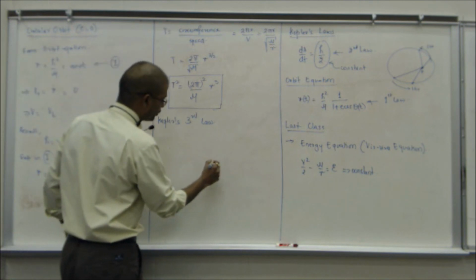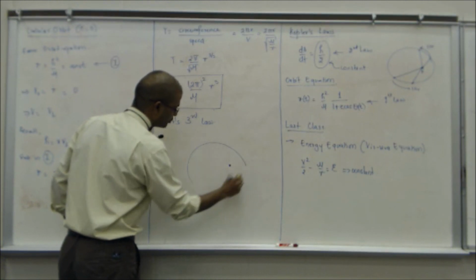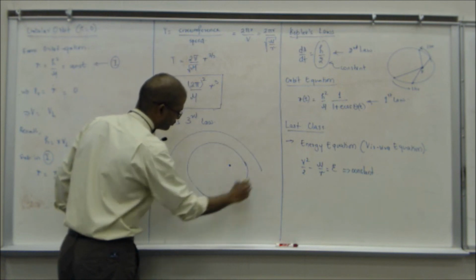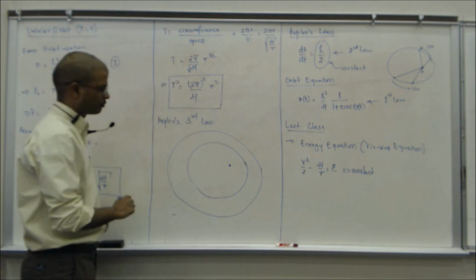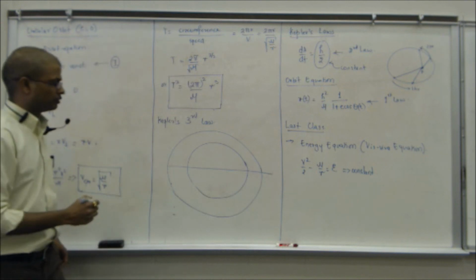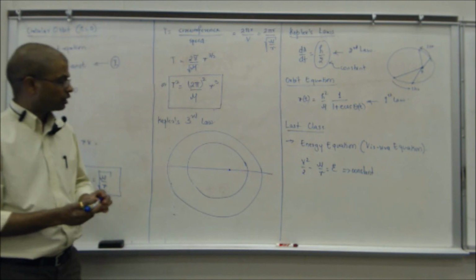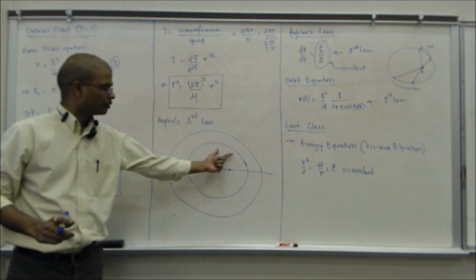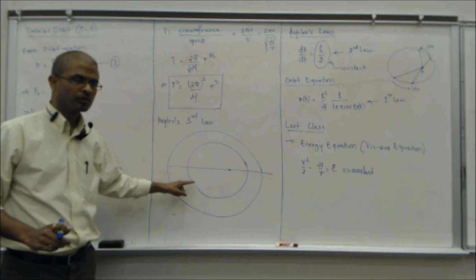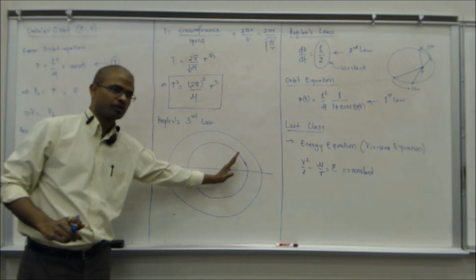So what it means is, if you have a central body, okay, so let's say this is an elliptical orbit, the square of the time taken for this orbiting body would be equal to the cube of the average distance.